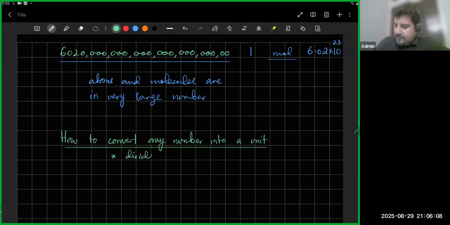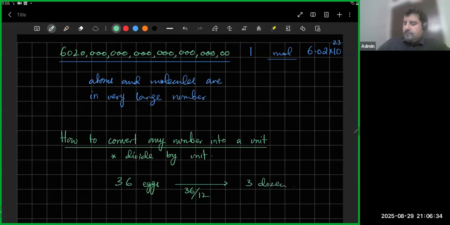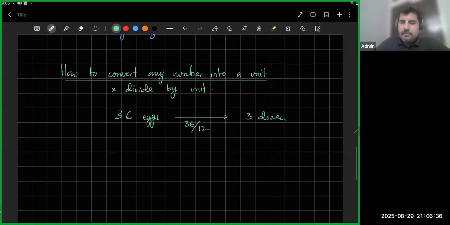You divide by the unit. For example, I have got 36. Now I want to convert it into dozens. What do I do? I take 36, divide by 12, and it's going to be 3 dozens, right? So that's an easy conversion. You want to convert a number into a unit, just divide it by the unit.